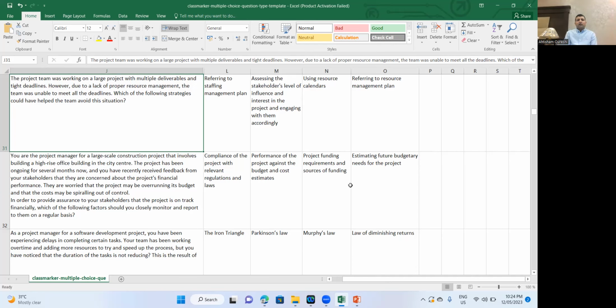One thing is for sure, option B is out, right? Assessing stakeholder level and influence is out. Now, what does the resource calendar show you? It shows you resource availability, idle times, and vacation days. So it's a calendar of a resource.